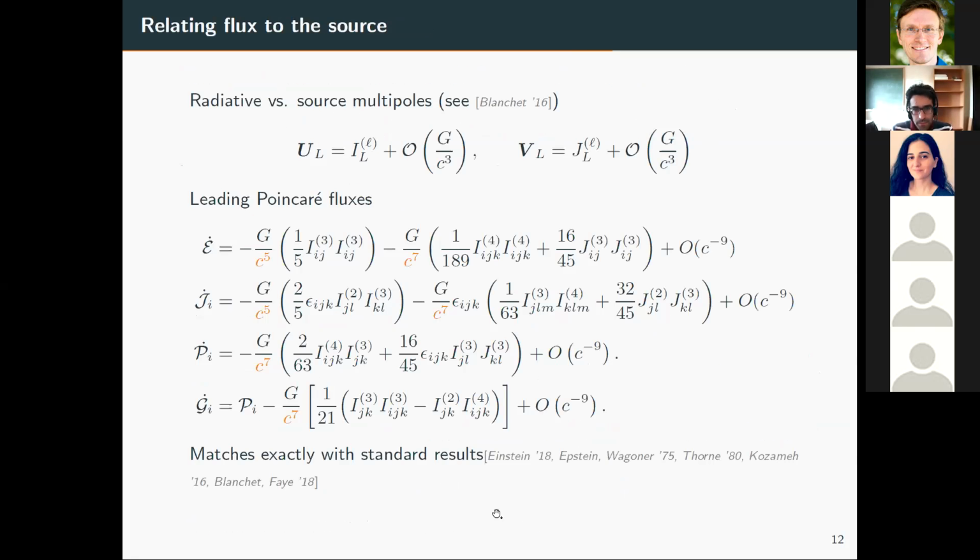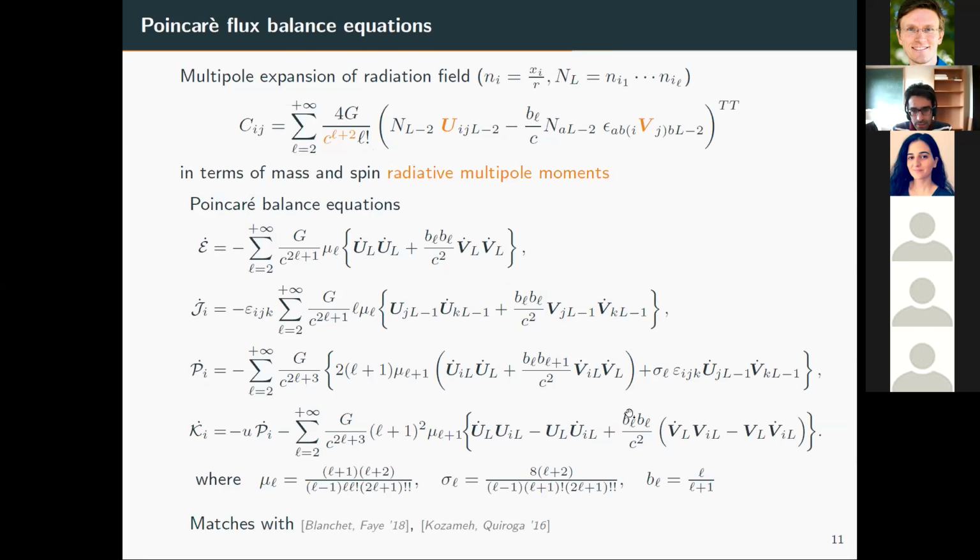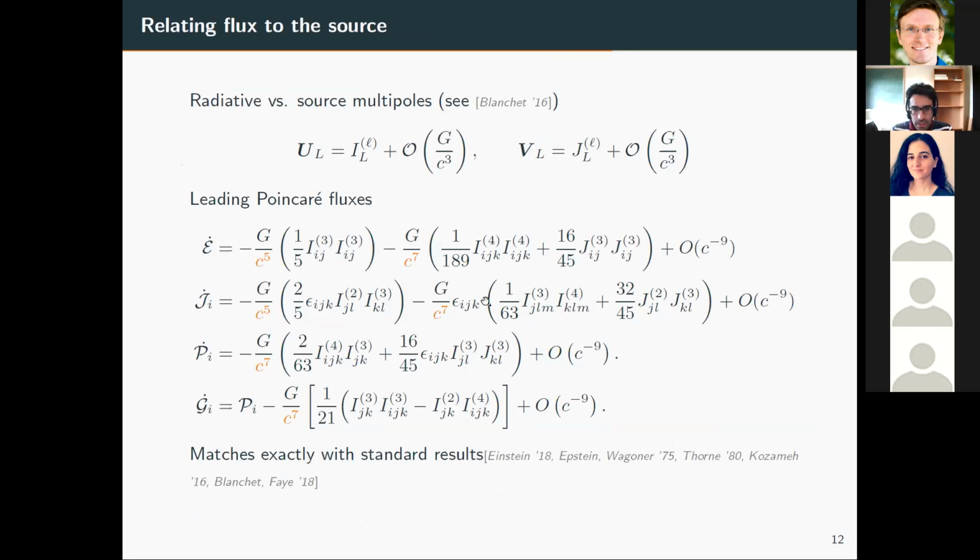And then the next step is that you can relate these radiative multipoles to the source multipoles. If you want to write down these asymptotic data in terms of the source, you should relate the radiative multipole moments to the source multipole moments. And this is a known result in the post-Newtonian literature.